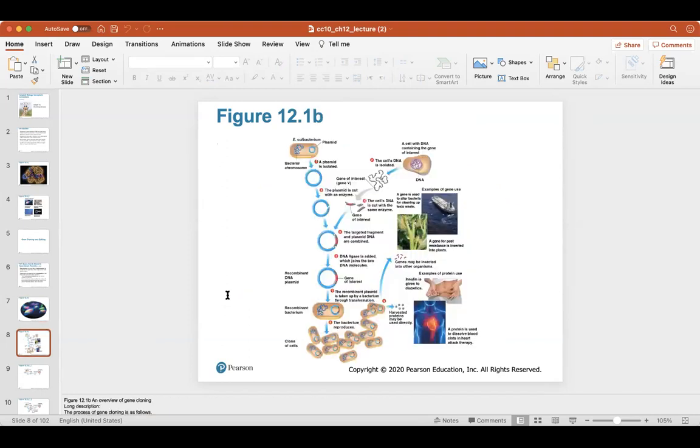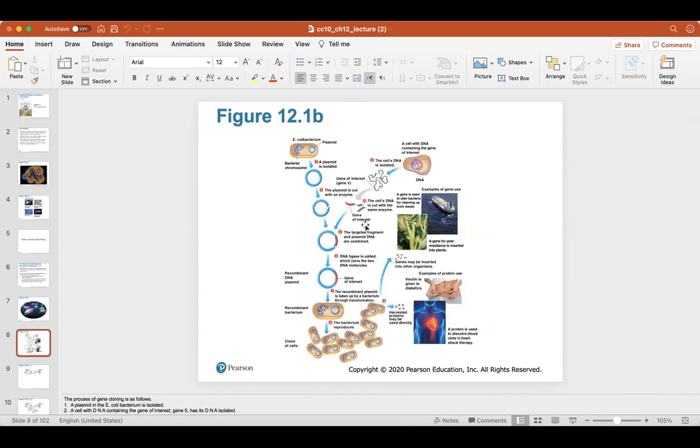So this is just an overview of gene cloning. It takes you through the long description in the notes below, but basically we locate a plasmid, the plasmid is cut out, and then the cell's DNA is cut with the same enzyme from the cell with the DNA containing the gene of interest.